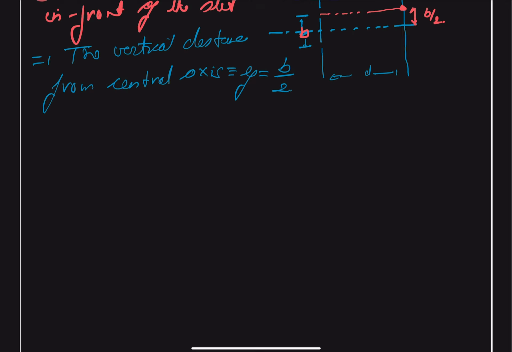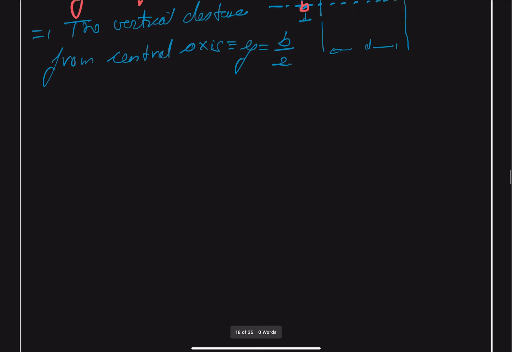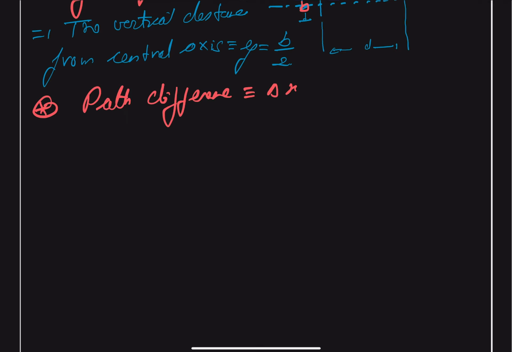And we have to find out basically the path difference, and that is going to help us because the missing wavelength will be only because of destructive interference. So we can say the path difference, delta x, is equal to b multiplied by y and divided by d.